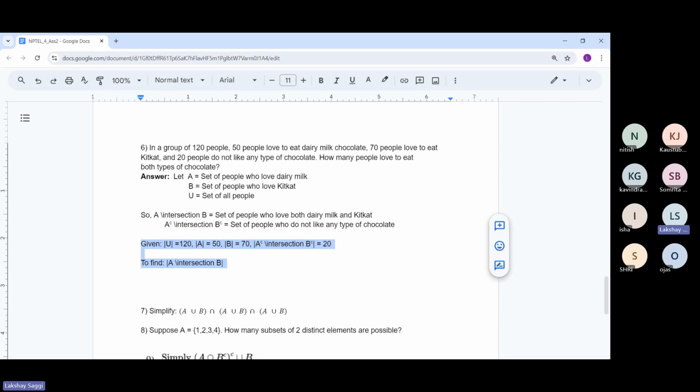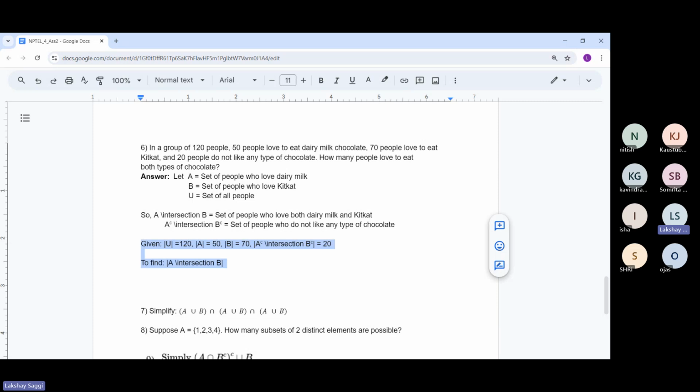Therefore, 120 minus 100 is the number of people who love both Dairy Milk and Kit Kat. So Ojas is saying that there are 70 people who love Kit Kat, 50 people who love Dairy Milk, and the total is 120.